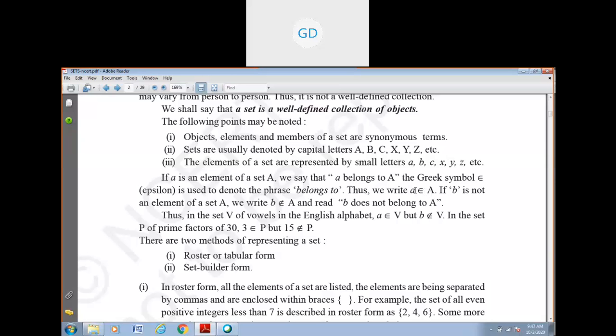And suppose b is any element, another number which is not a.